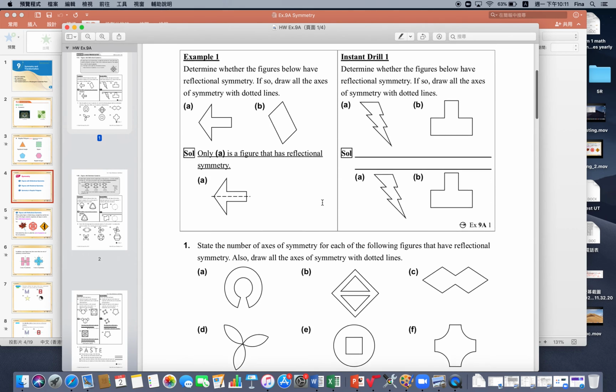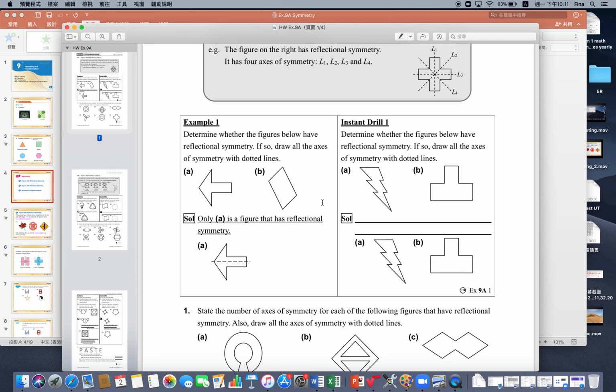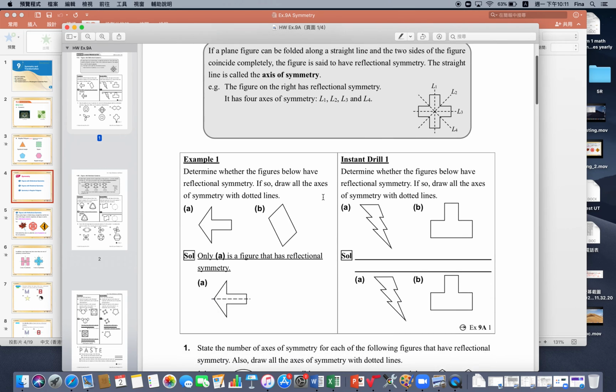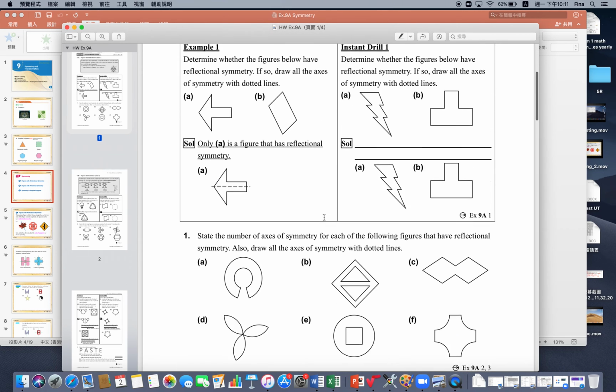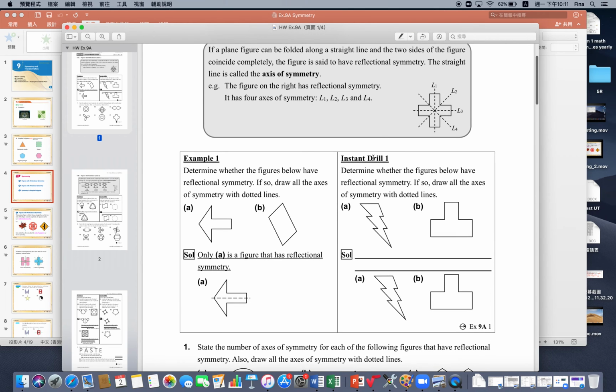So for this, I just want to try some of the examples and remind you about some points in this lesson worksheet. You can see that for the drill, I don't want to discuss it anymore. I think you can refer to the example here and just follow the presentation in the example.